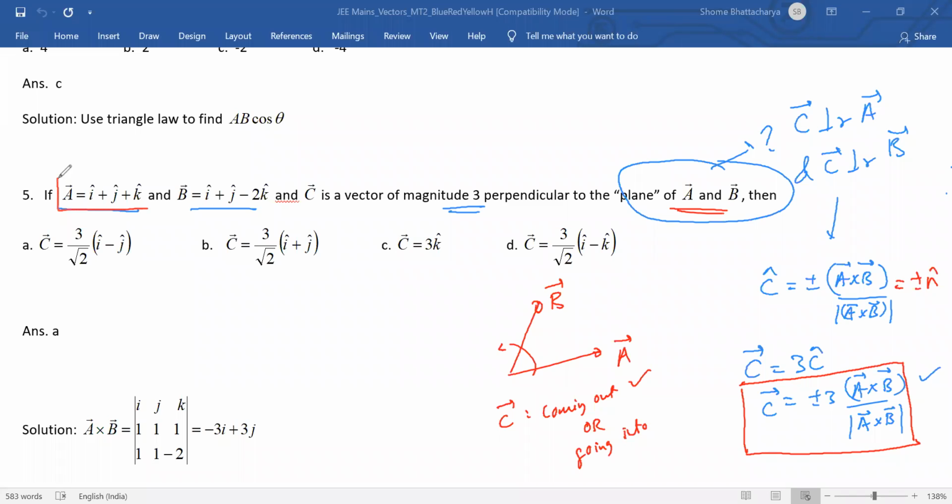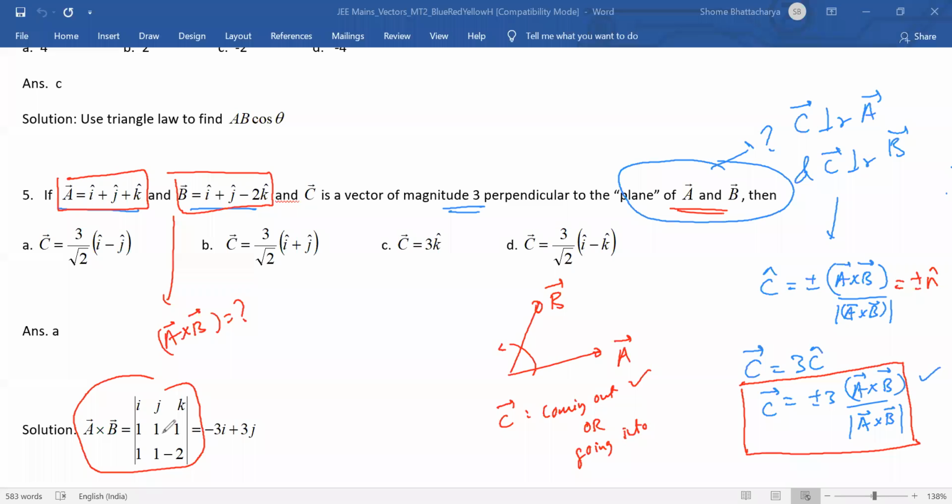So now let's see how we'll proceed. You know the vector A, you know the vector B. So the first thing you do is you calculate A cross B. A cross B is given by this matrix here. I've directly shown it here, you can work it out. So it's minus 2, minus 1, so that's minus 3 i cap. Then j goes with minus 2, minus 1, so that's again minus 3, but j has an extra minus sign, so the j cap component becomes positive.